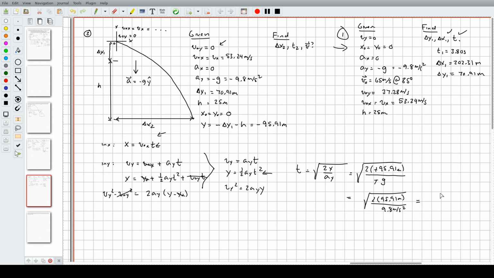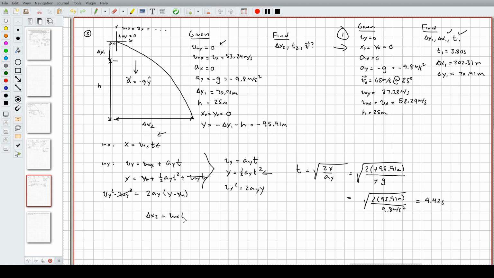So 2 times 95.91 divided by 9.8. 4.424 seconds, or about 4.42 seconds. So given the time, now we can find the displacement for part 2.